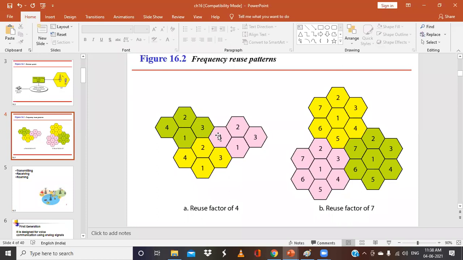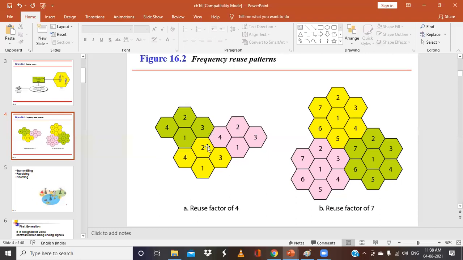If you compare this with this, here to separate these cells we have only one particular cell separating them. But from one pattern to another pattern here, we have 2 cells differentiating. In this case, with this particular pattern and this particular pattern, only one cell is enough to separate them.